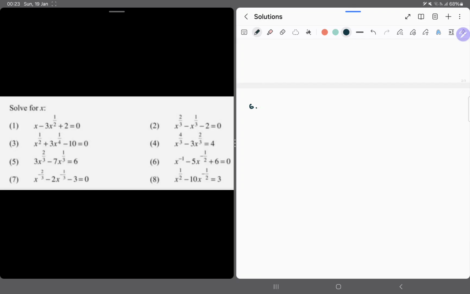Okay, number 6, we've got x to the minus 1 minus 5x to the minus a half plus 6 is equal to 0. This is the same thing as x to the minus a half all squared minus 5x to the minus a half plus 6 equal to 0. We can factorize. Should be getting the hang of things now here, guys.